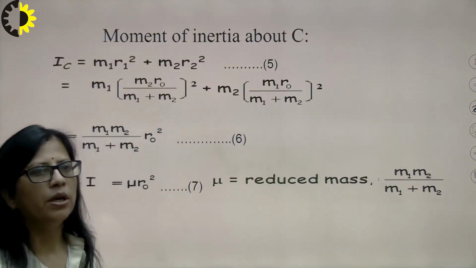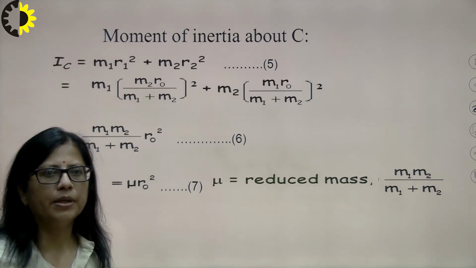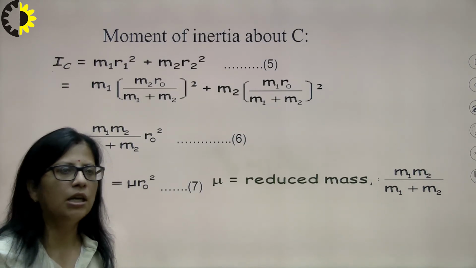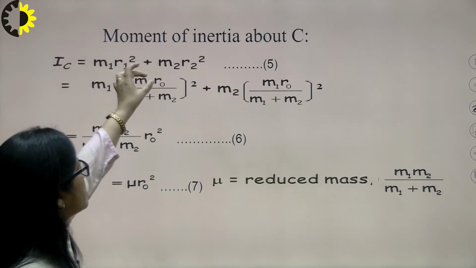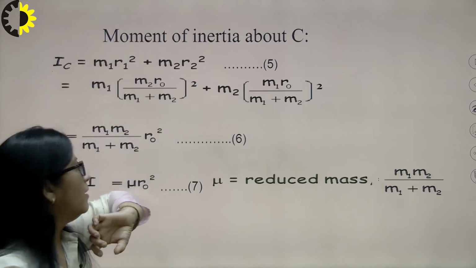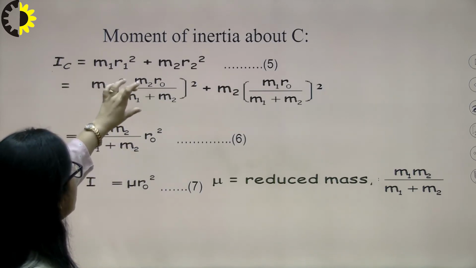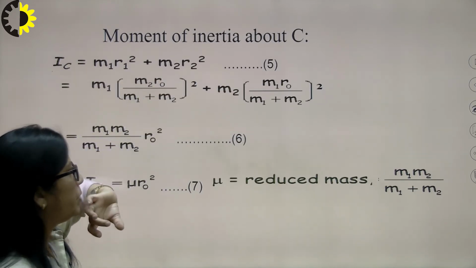So, the moment of inertia about the center of gravity is given by m1 r1 square plus m2 r2 square. We have already calculated the values of r1 and r2.